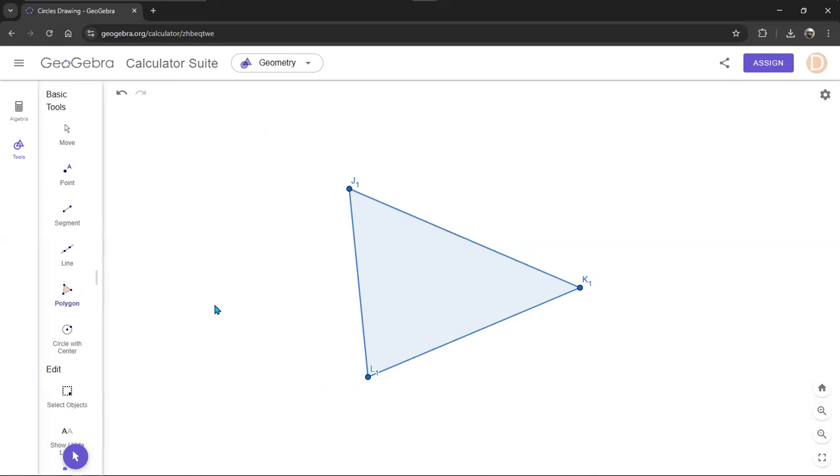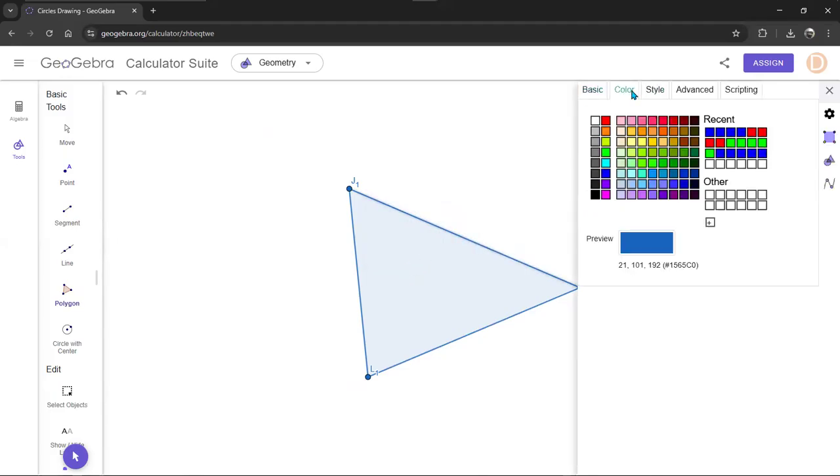As we said before, I think we need to change all this to black so that we can maintain the color consistency. So let me just use the black color.